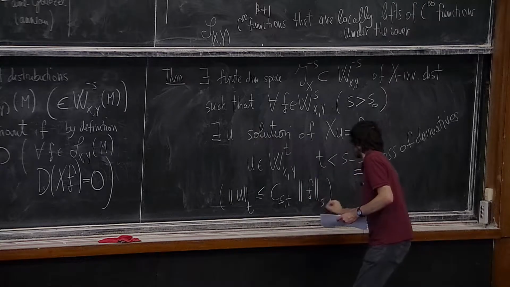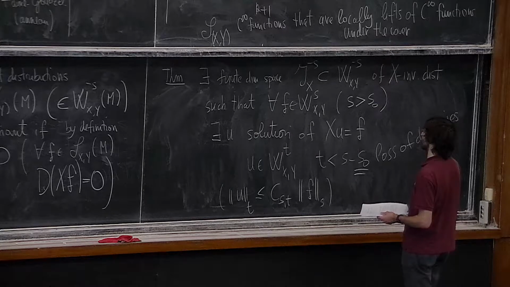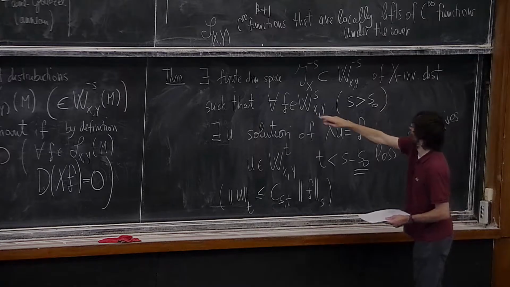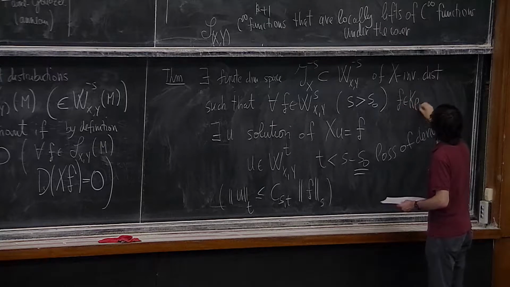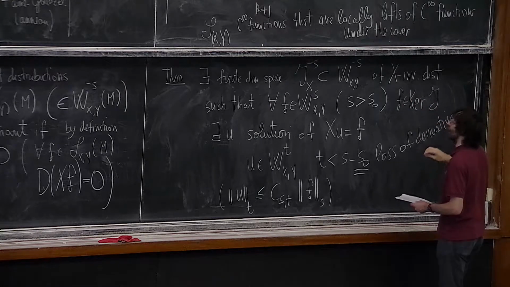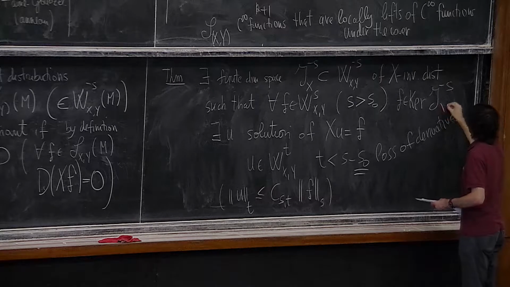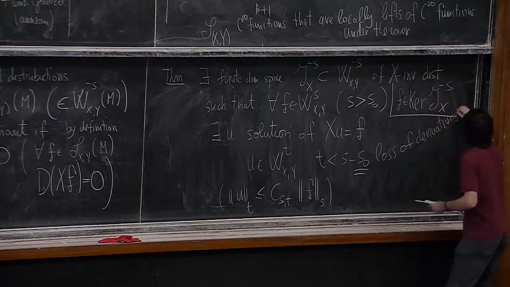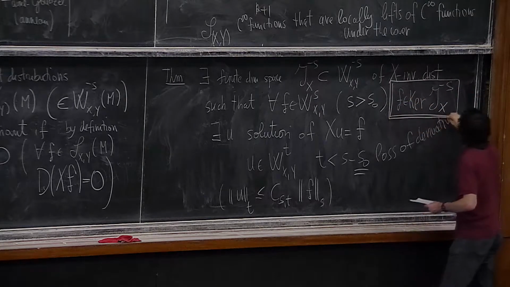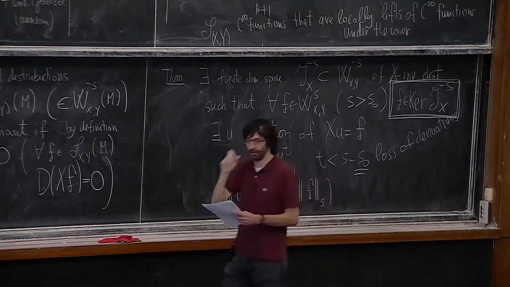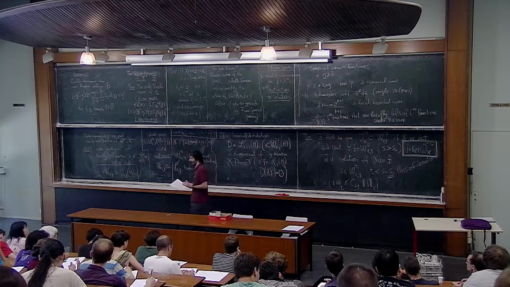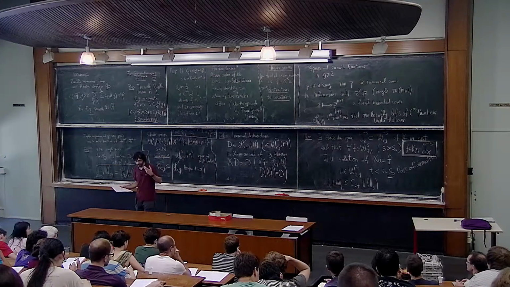Oh, I forgot the most important thing, of course. This holds for every f such that f belongs to the kernel of I minus S X. What does it mean that f belongs to the kernel? It's a short way to say that all elements of this space of invariant distributions vanish on f.